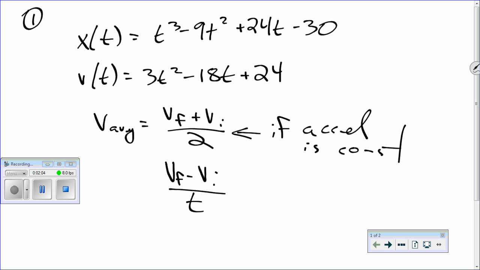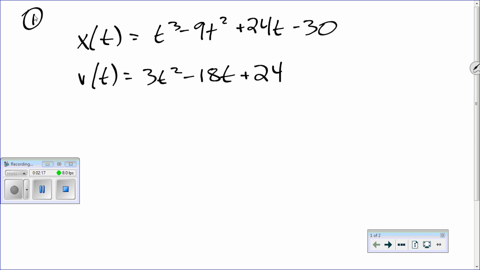If the acceleration is not constant, there is only one way to find average velocity, and that's by using the definition of average velocity.